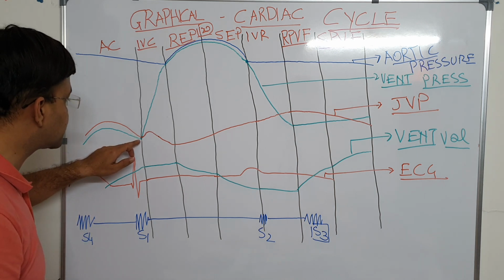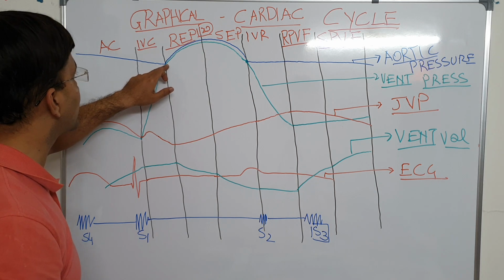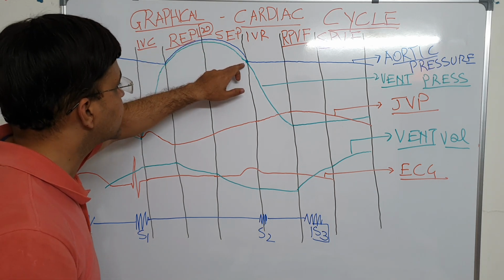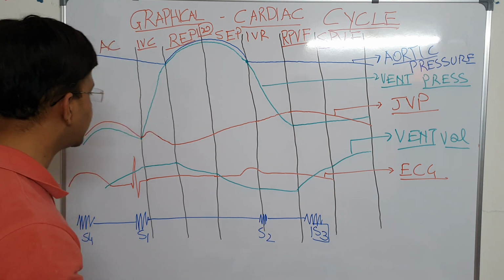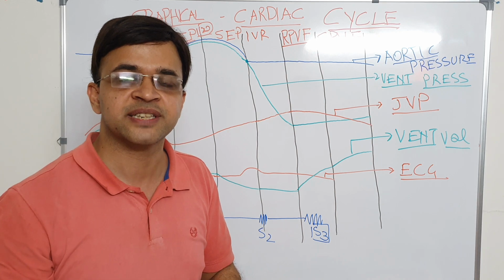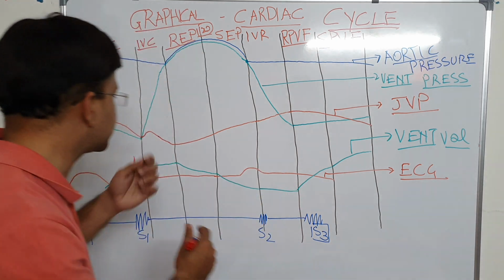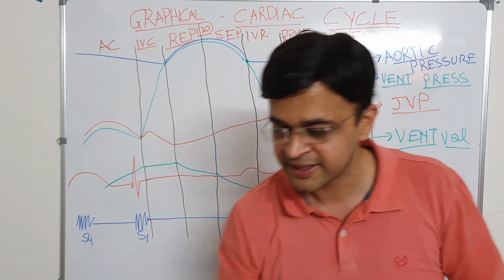Here the atrioventricular valve closed, over here our aortic valve opened, over here our aortic valve closed. So it's a beautiful interaction of so many factors. If you try to understand it in a step-by-step manner, you are really going to enjoy it, right?